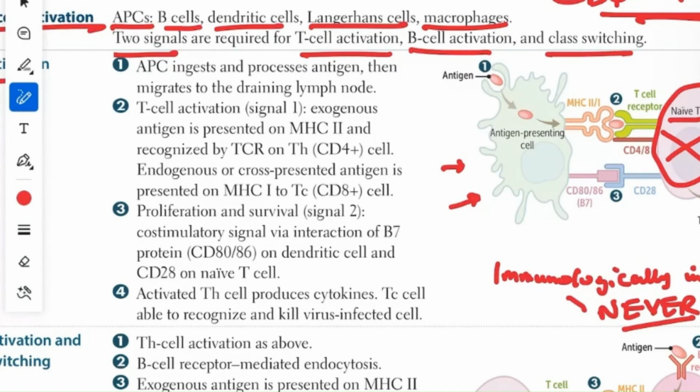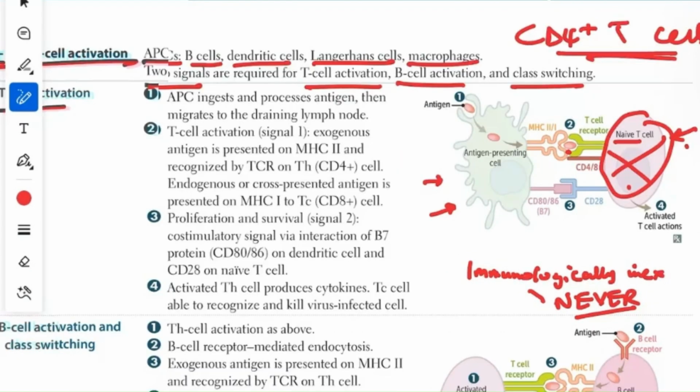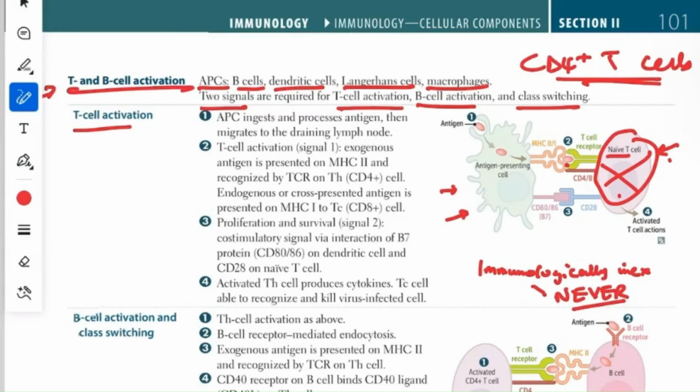Same thing here. If you don't have any naive T cell to look at the antigen that the antigen presenting cell has, then the body will not respond to the antigen. And that's where the problem in immunosenescence comes, where you don't have the naive cell. Let me not digress too much. So let's come back to T cell activation now.